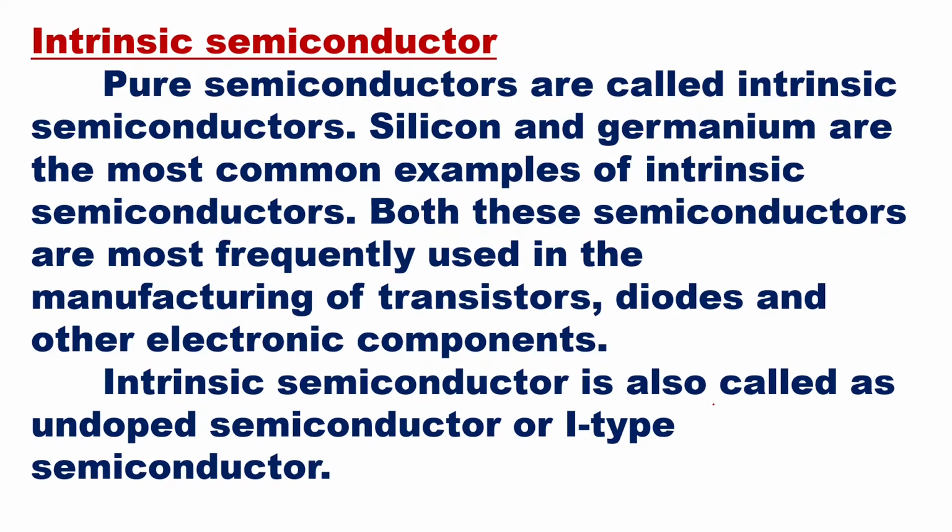An intrinsic semiconductor is also called an undoped semiconductor because it is not added with impurity. Adding impurity is called the doping method. So intrinsic is pure semiconductor, called undoped, or I-type semiconductor. The only basic thing you have to remember is that pure semiconductor is called intrinsic semiconductor.